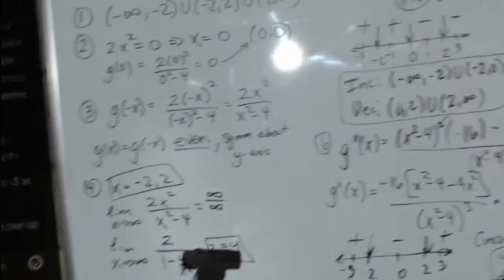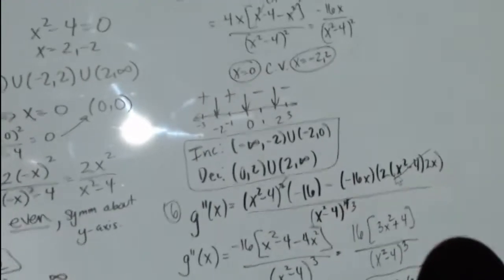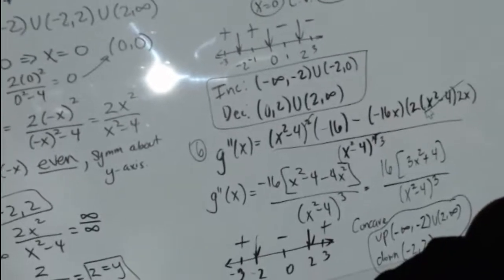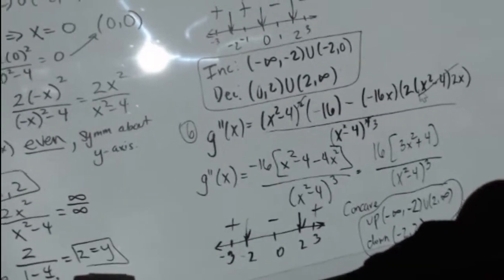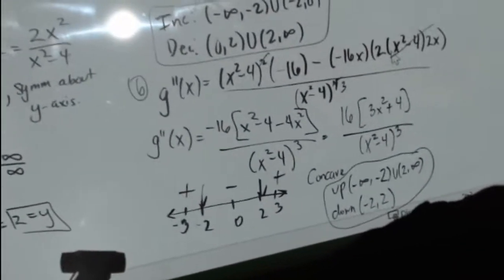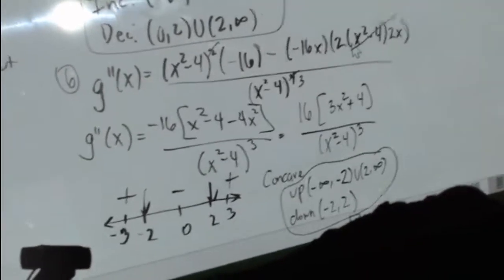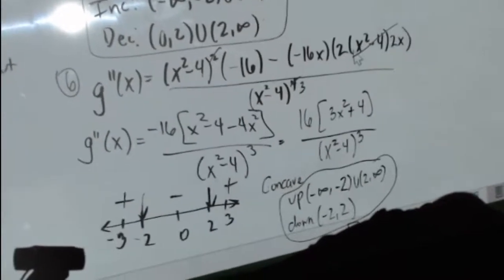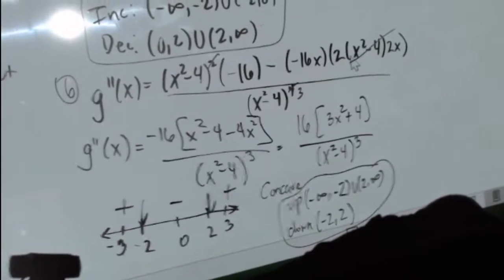If I back up some. Nope, just always going to be in the way. Fantastic. So, took the second derivative, and then found our concave up and concave down.